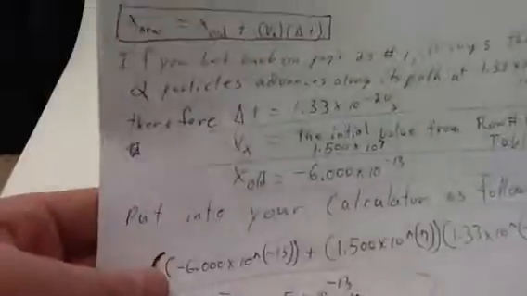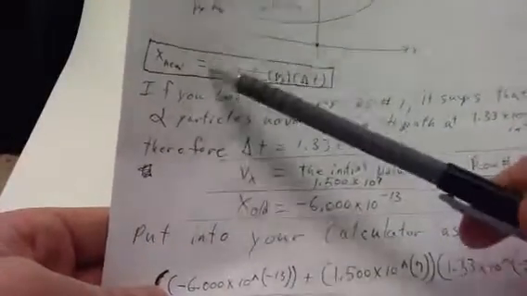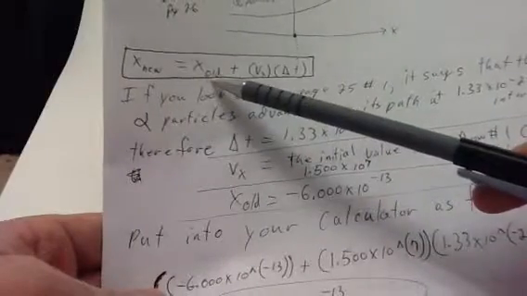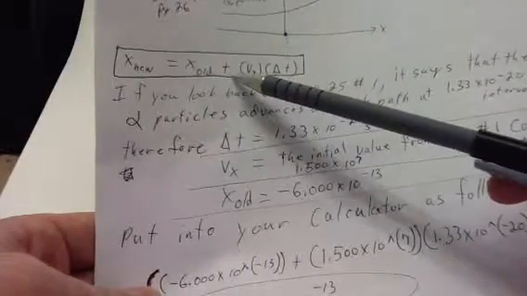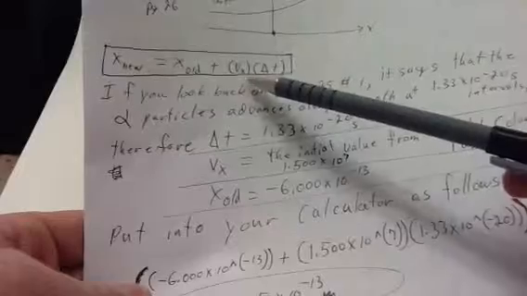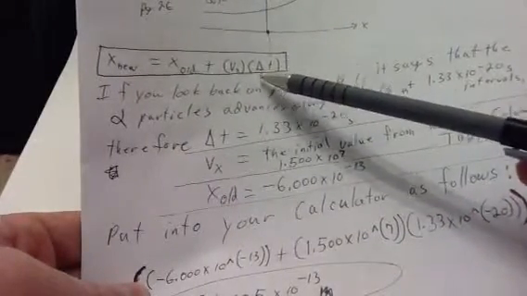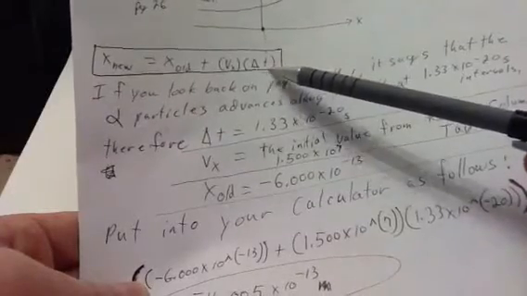Alright, so here we go. So we need the new x. And to get the new x, we take the old x and we add it to the Vx multiplied by the change in t.